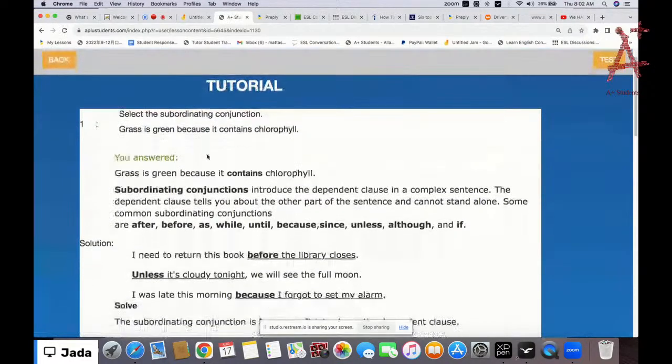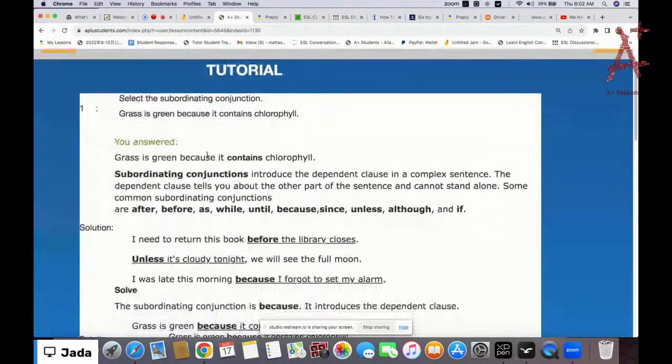Okay, so what you need to know first is what subordinating conjunctions are. Subordinating conjunctions introduce the dependent clause in a complex sentence. The dependent clause tells you about the other part of the sentence and cannot stand alone.